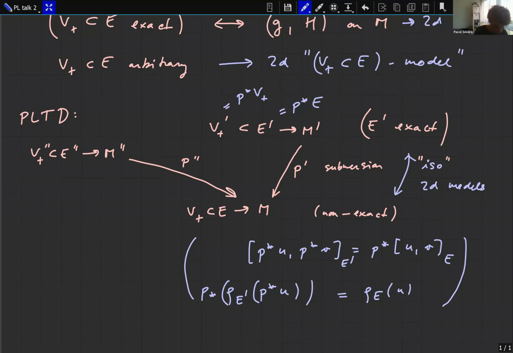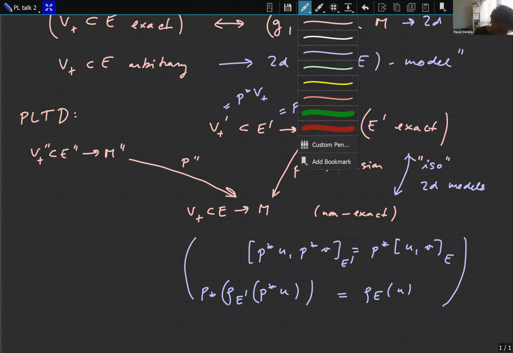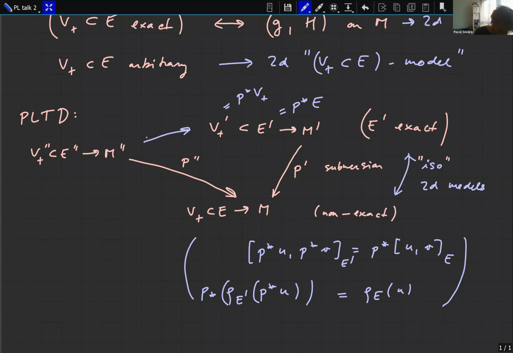Then we have two true 2D sigma models. Both of them are isomorphic to some kind of strange two-dimensional model. Therefore, they are isomorphic to each other. And that's Poisson-Lie T-duality. So let me get to some examples.